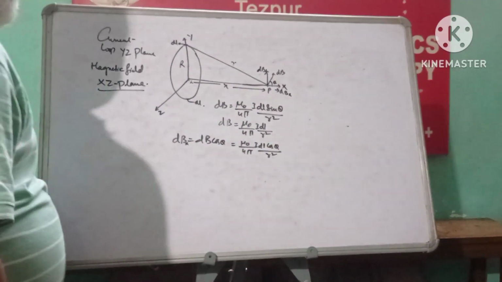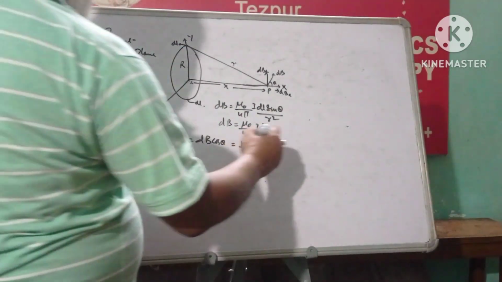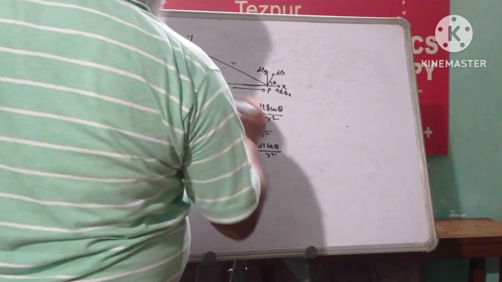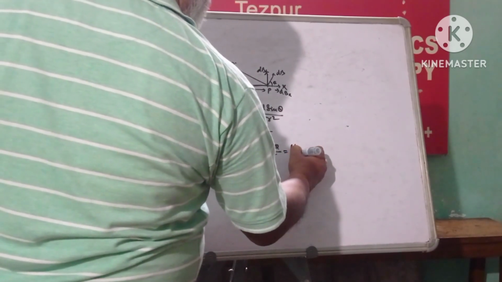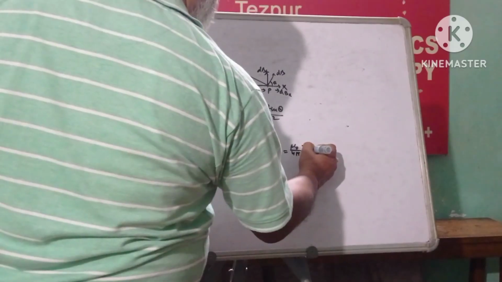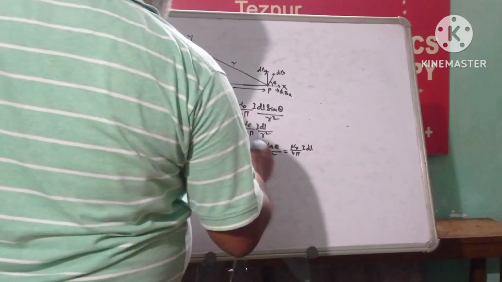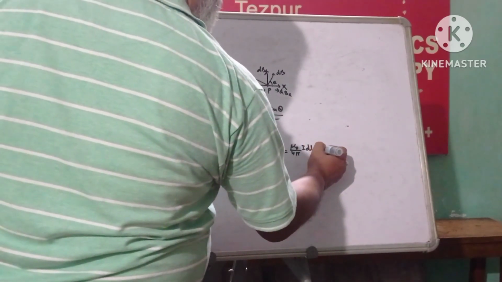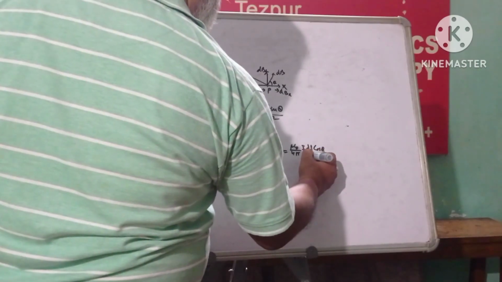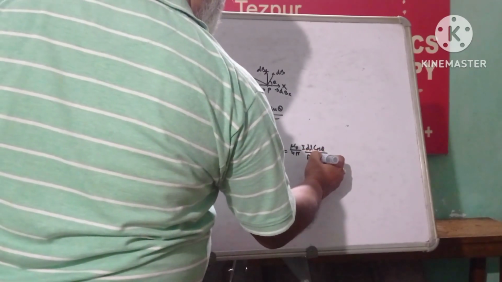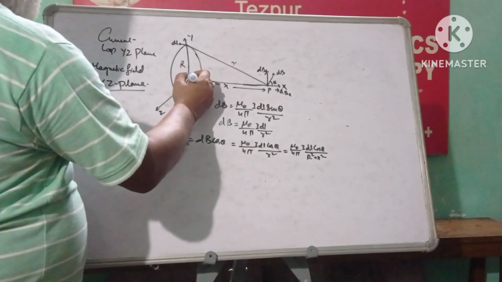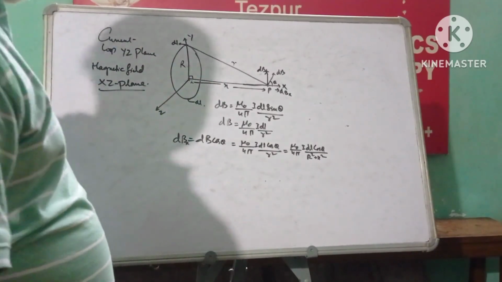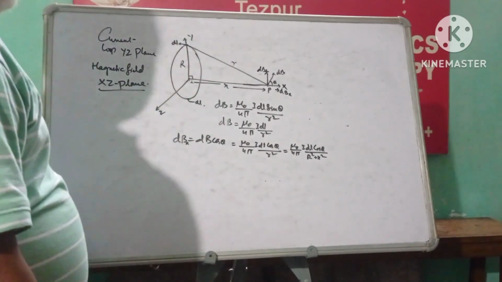What is your r square? Your r square is x square plus R square, because we are going to get this from the Pythagoras theorem.